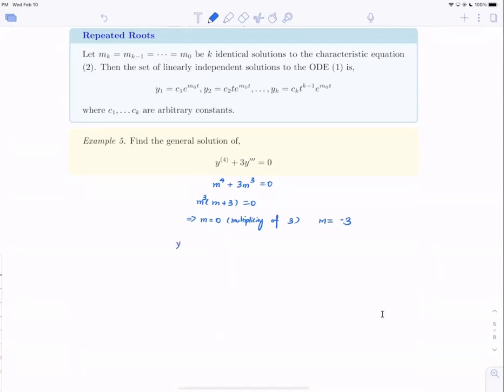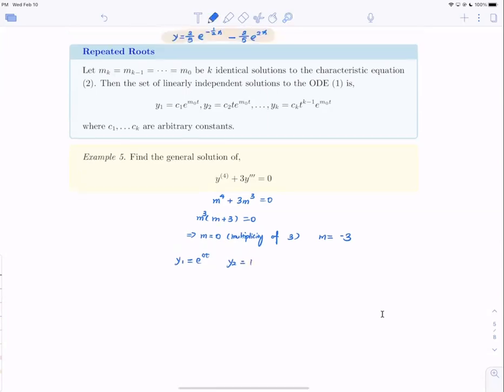In this case, your y1 is going to be e to the 0t. y2 and y1 have repeated roots, so multiply by t. So that's going to be t times e to the 0t. And y3 is going to be t squared e to the 0t. And y4 is going to be e to the negative 3t.